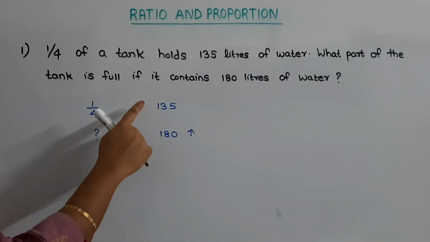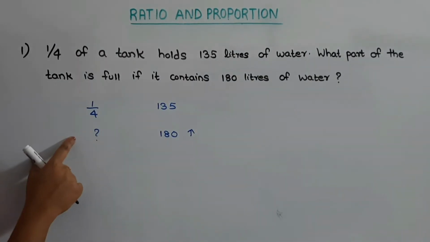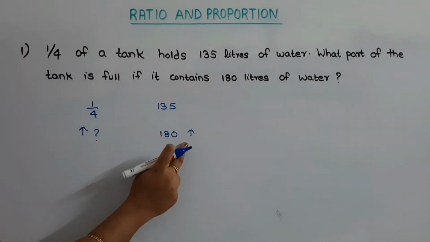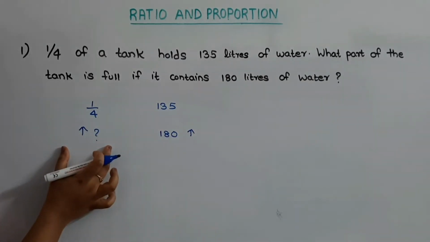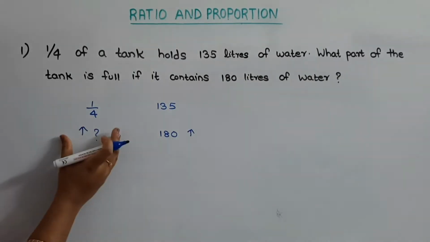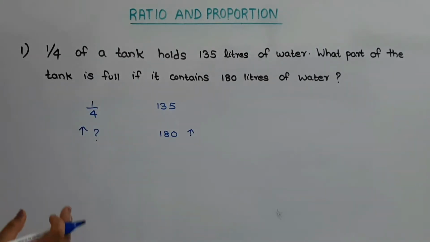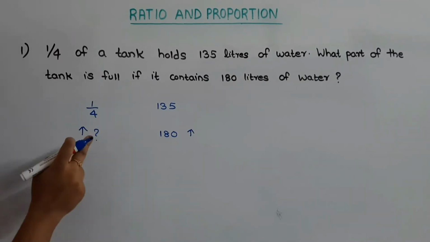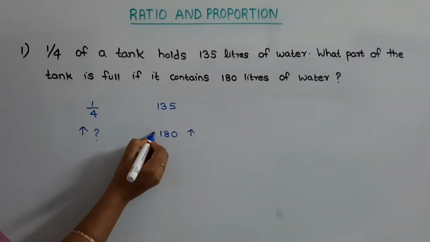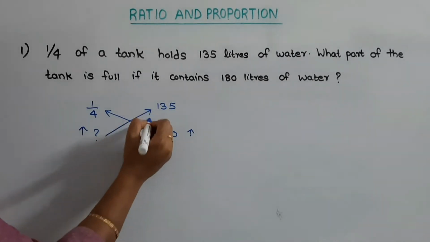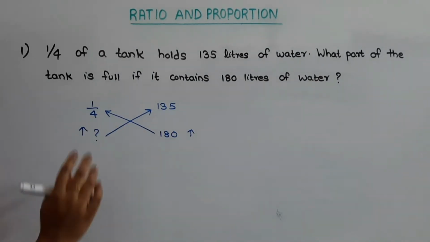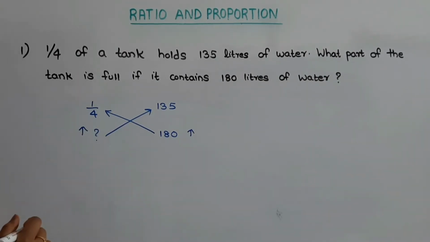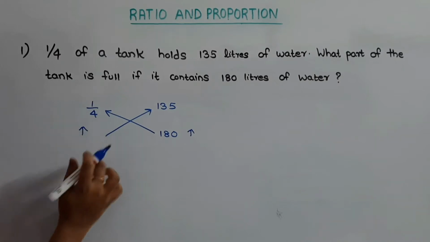Now when the water has increased, the part of the tank which is full will also increase. So whenever this quantity has increased, this quantity also increased, which means these both quantities are directly proportional to each other. So whenever direct proportionality comes, we can find out this answer by cross multiplication. So let us consider this as x.